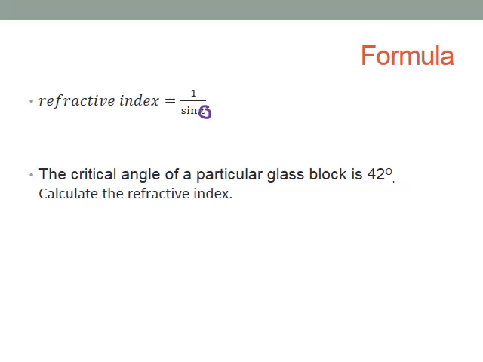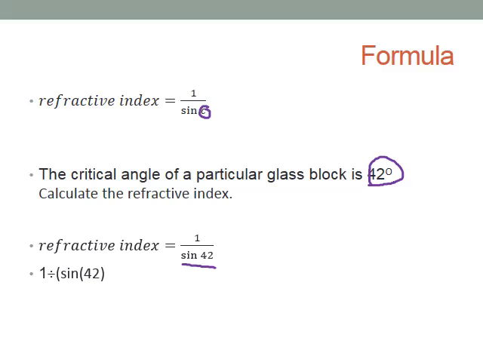Let's say you've got a critical angle of a glass block that's 42 degrees, a nice easy sum. Calculate the refractive index: you do 1 divided by sine of 42, and you get 1.49, so pretty much the refractive index of glass, which, if you remember from earlier, is 1.5.